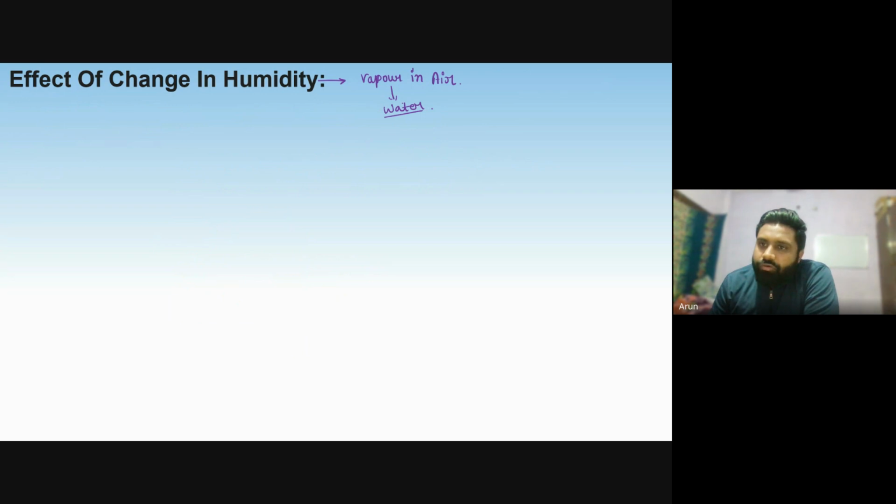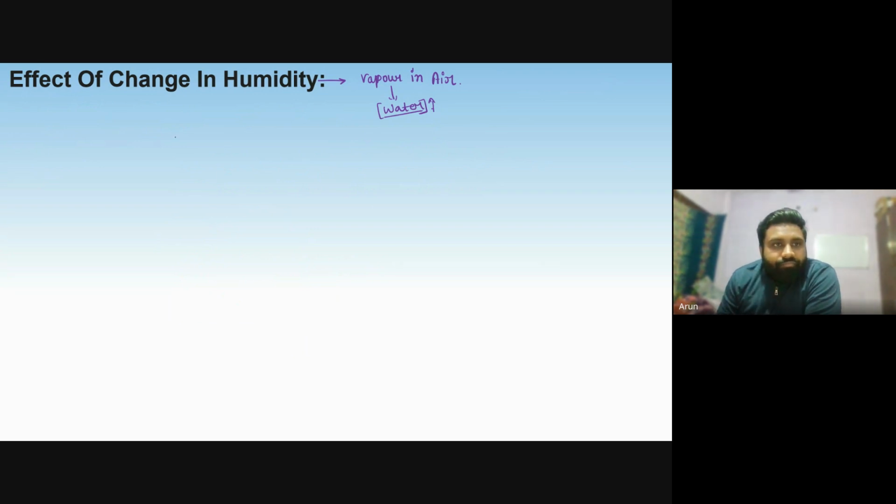So the amount of water vapor in air is termed as the humidity of that air. More is the humidity means more is the amount of water. Got it? So this gives you an idea of what we are going to talk about.